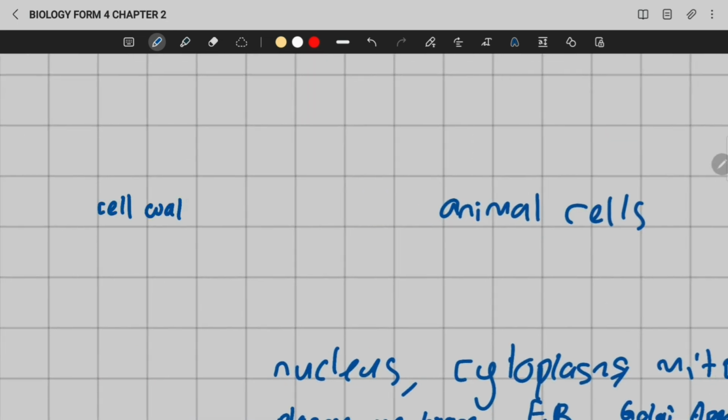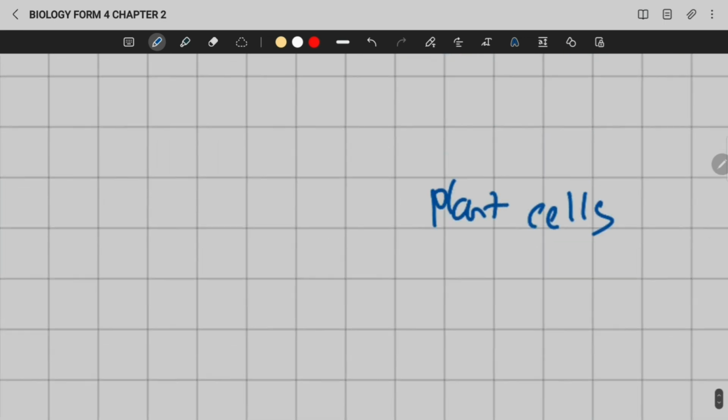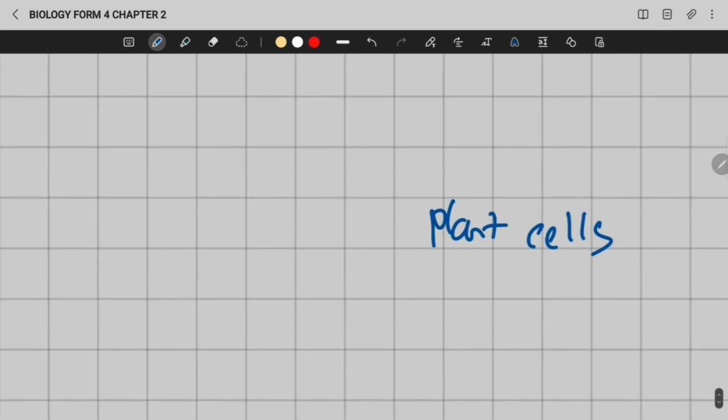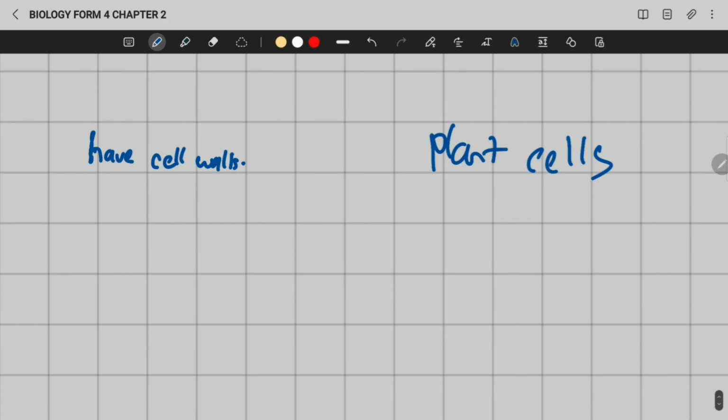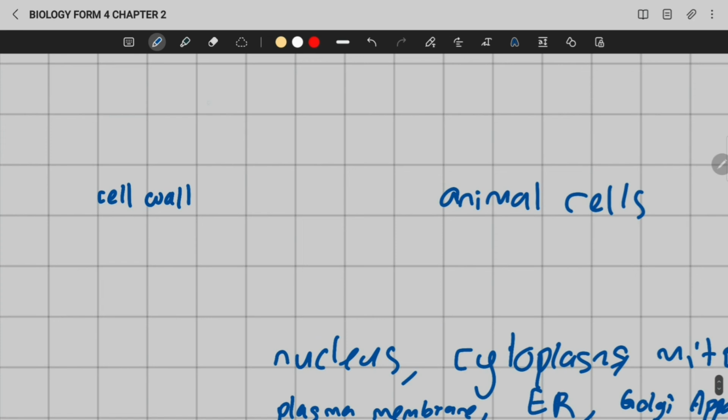That's why your animal cell does not have a fixed shape, but plant cell have cell wall. By having cell walls, they have fixed shape. So things without cell walls don't have fixed shape, non-fixed shape.